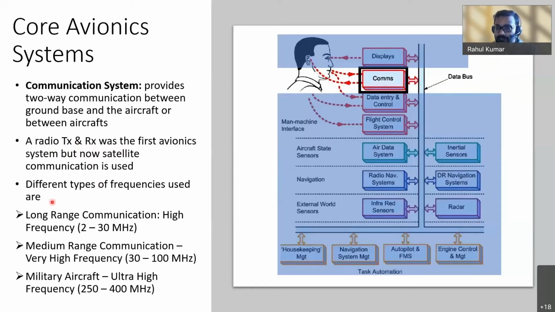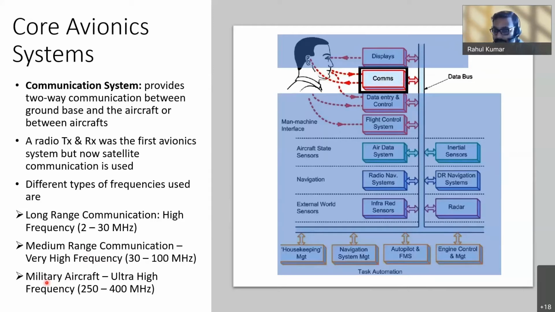The communication systems use different frequencies. For long range communication, we use high frequency, somewhere around 2 to 30 megahertz. For medium range communication, we use very high frequency, or in short VHF, somewhere around 30 to 100 megahertz, maybe for communicating with other aircraft.